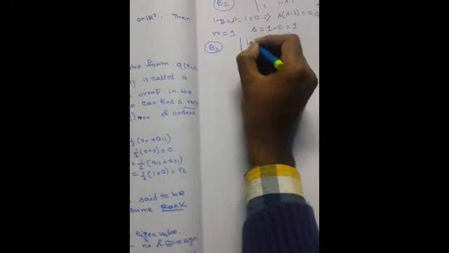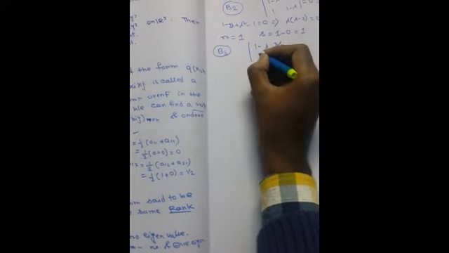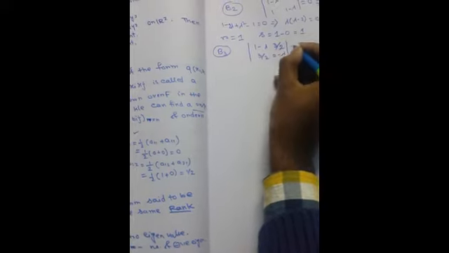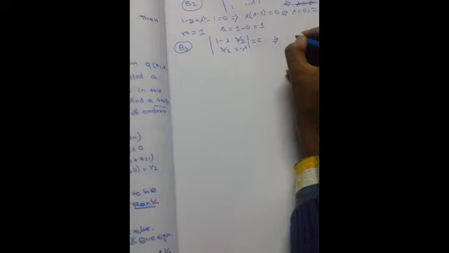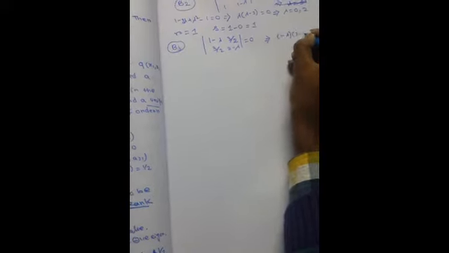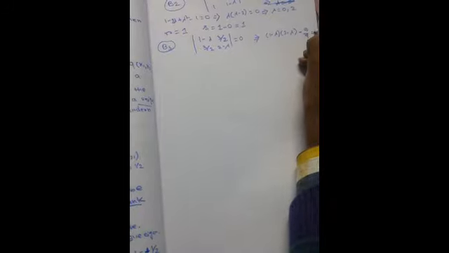Now we calculate for B3. Here B3 is given as [1, 3/2; 3/2, 2]. First we calculate the eigenvalues. (1 minus lambda)(2 minus lambda) minus 9 by 4 is equal to 0.